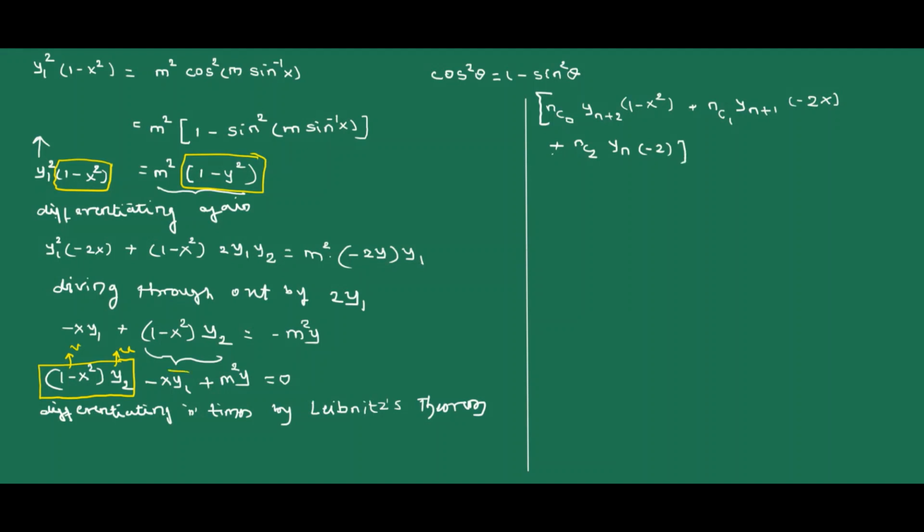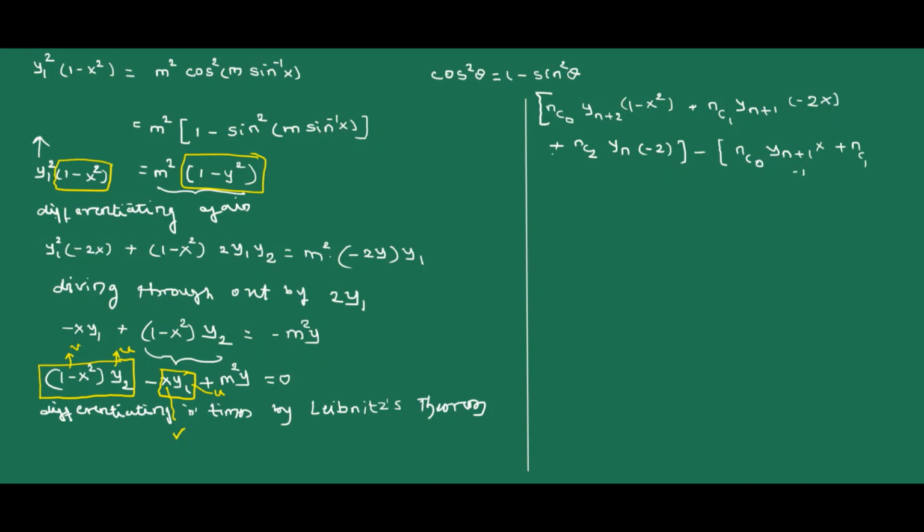Now similarly, what is the nth derivative of x y1 with minus sign? First I will write minus outside, starting with nC0. In the case of x y1, y1 is u and x is v. So I will write the nth derivative of y1 as y_{n+1} and x as it is, plus the next term nC1.